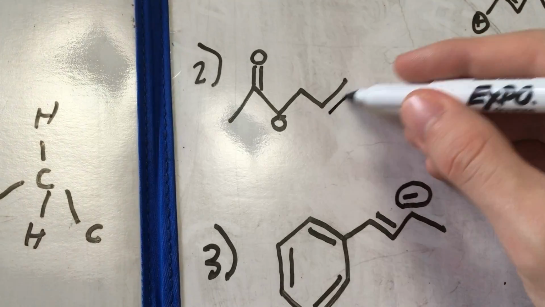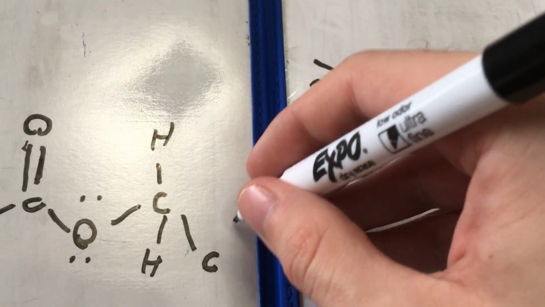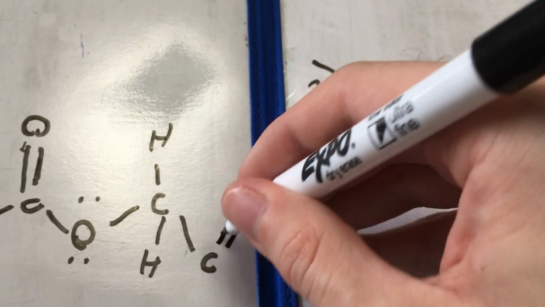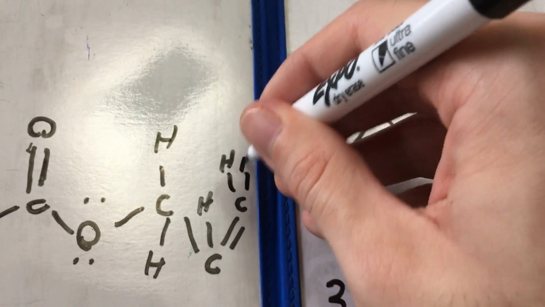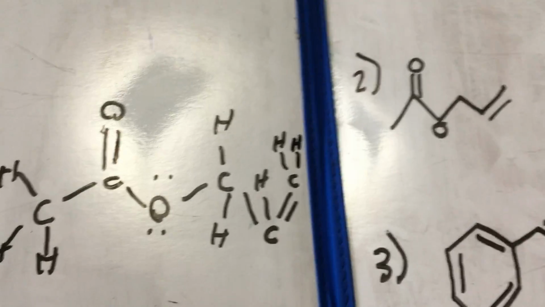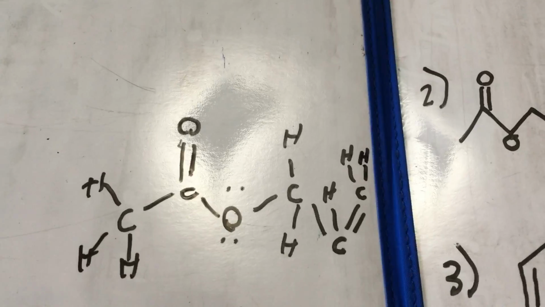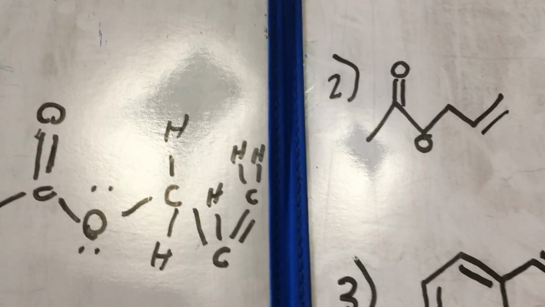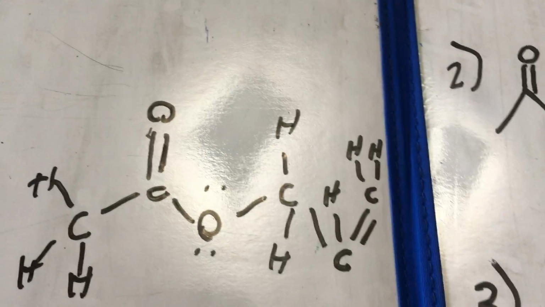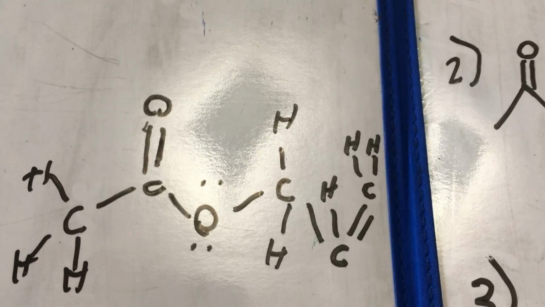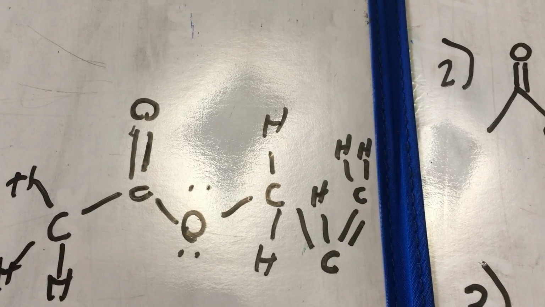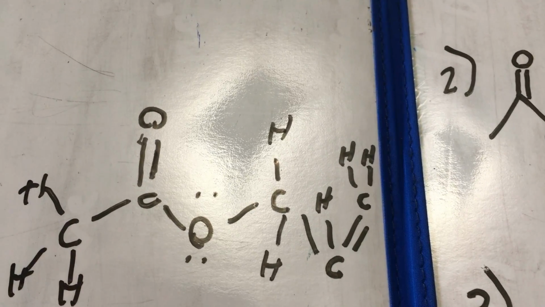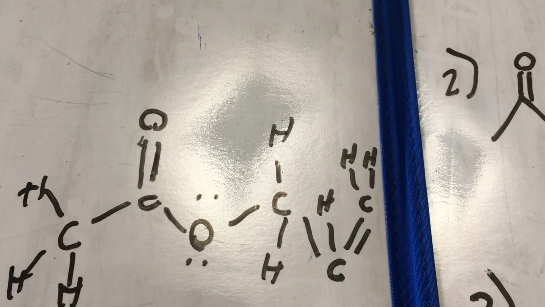The original structure that I'm copying from has a double bond here. Make sure to use more space when you're drawing out yours. Okay, so we have all these hydrogens here, and all the electrons, and we can observe where we can do our switches so that we can change the charges and so forth.